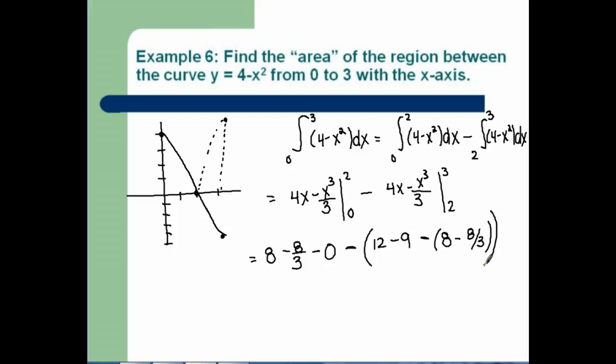So clean it up a little bit. 12 minus 9 becomes 3. Okay, so you get 8 minus 8/3 minus 3, because I'm going to distribute that negative.